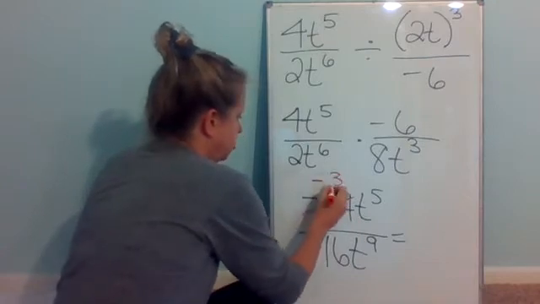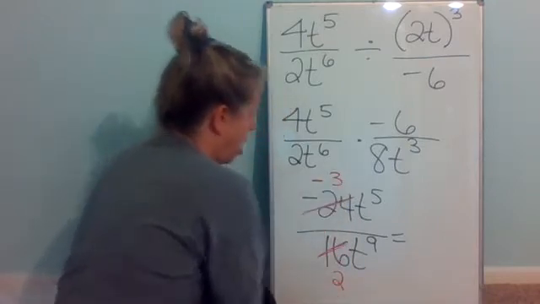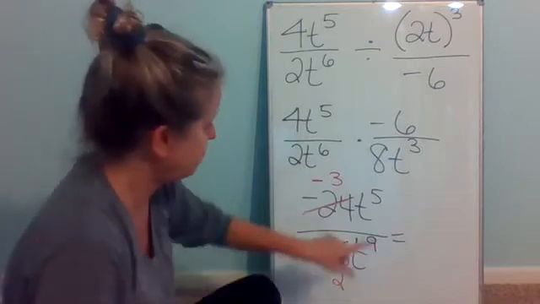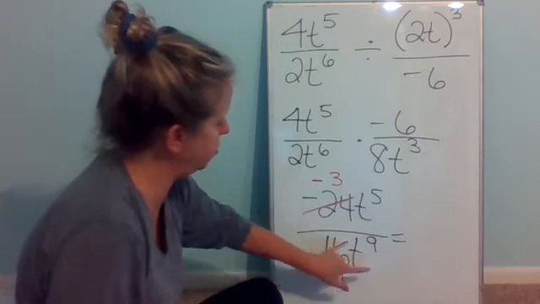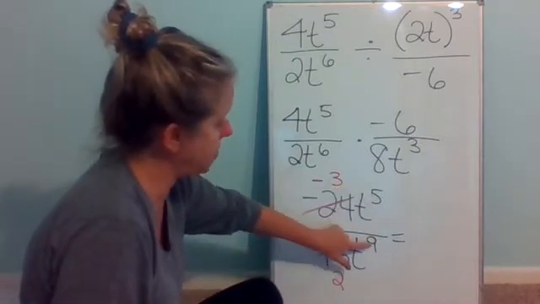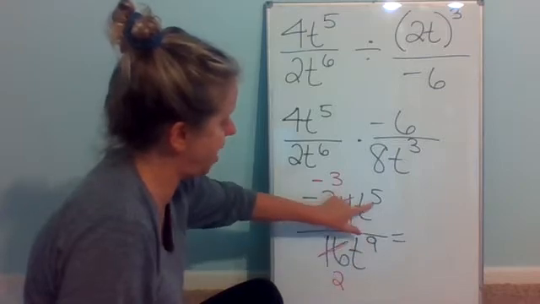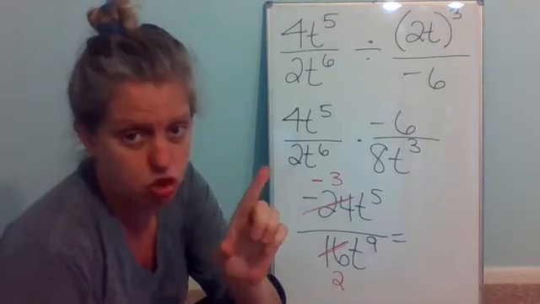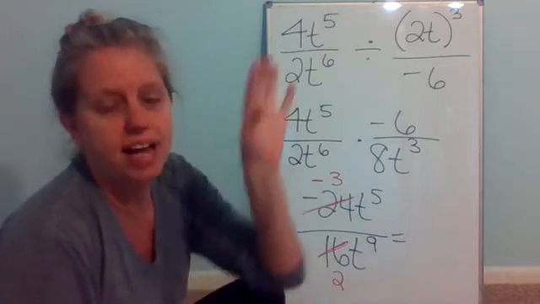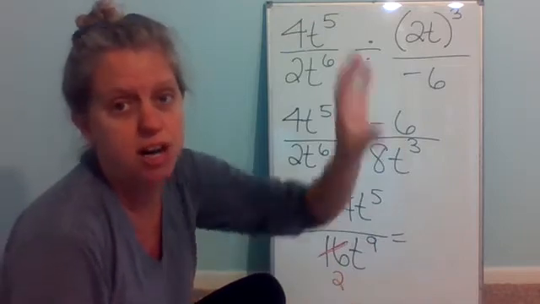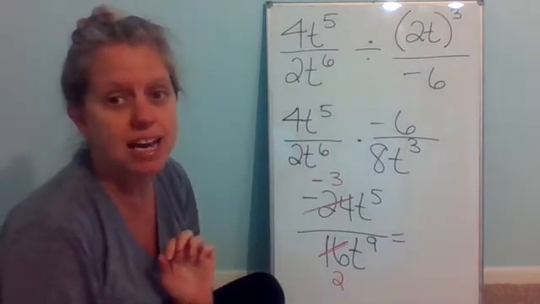So -3 over 2. Now, be careful with these exponents. If you do the top exponent minus the bottom exponent, 5 minus 9, it's going to give you -4. That should trigger and say, oh, wait, my t's need to go to the other side of the fraction bar since my exponent ended up negative.